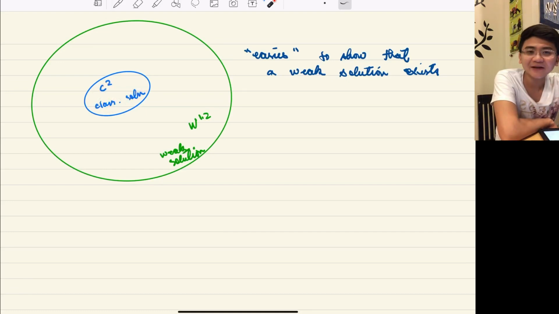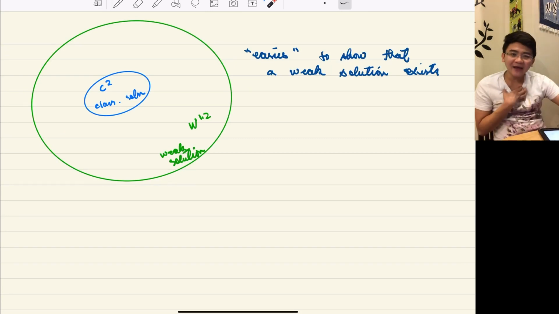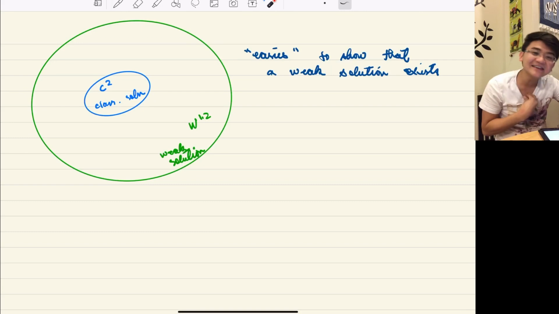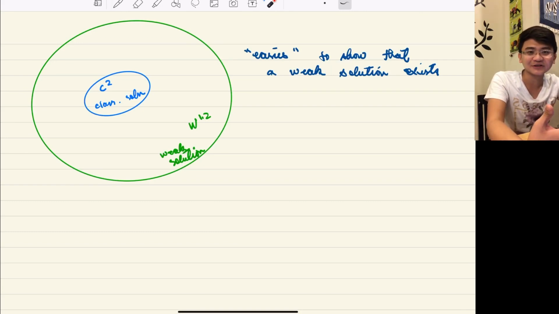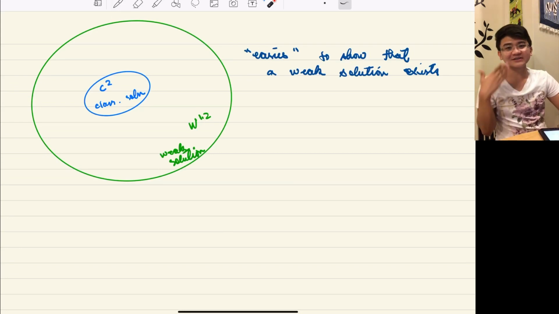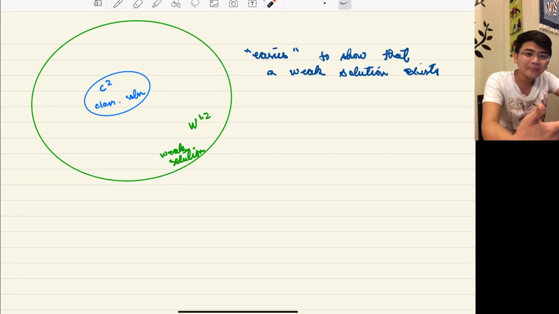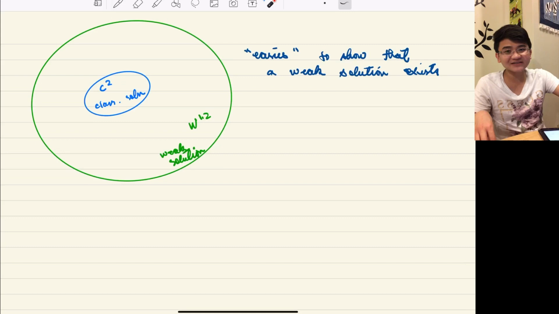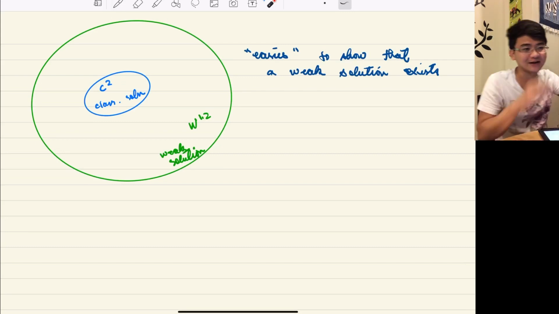I like to think of it that way, that there is a price that I'm paying here, some kind of loss of accuracy. By requiring less of my solutions, it makes it easier for me to find this new notion of a solution. So that's why we're looking for weak solutions. It's going to be easier to show that a weak solution exists. And in fact, there are some equations for which no classical solutions exist, only weak solutions.